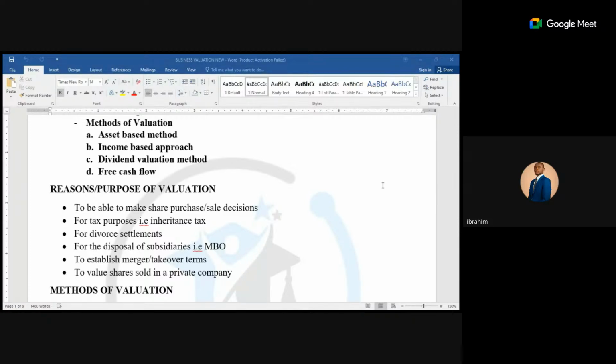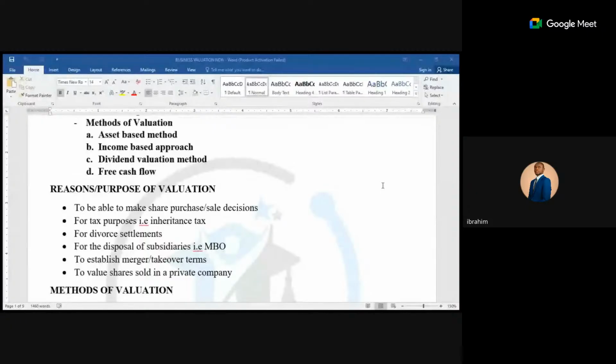That is merger. And there are advantages of merger. Don't worry, that will be in SFM. But my explanation here is whether it is merger or acquisition, before it can take place, they have to value the business to know the price to pay for that business. You have to carry out a valuation of a business.